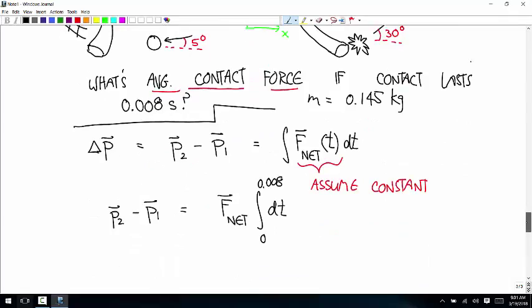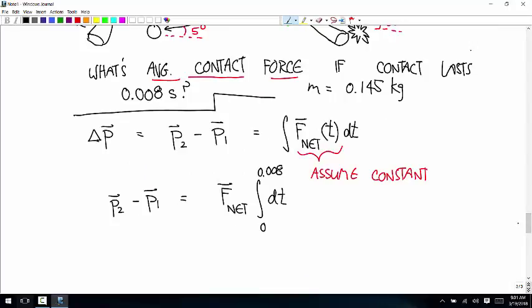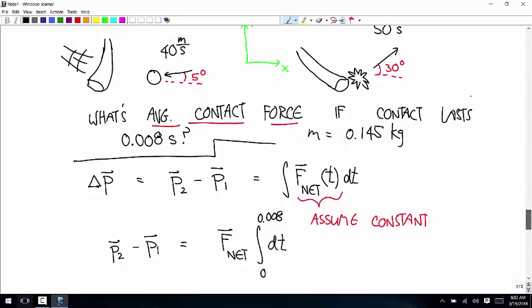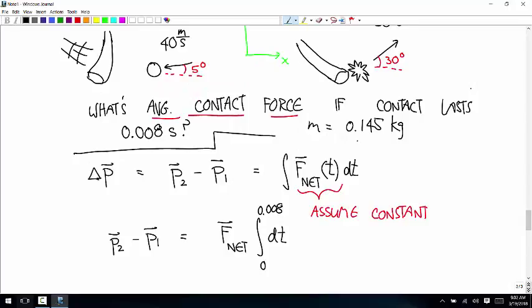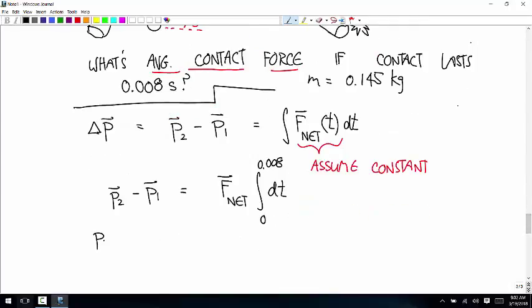Okay, so what's the momentum at instant 2? The mass is this. The velocity comes from the angle and the speed. So P2 is equal to 0.145 times the velocity of 50 times cosine of 30, 50 sine of 30.